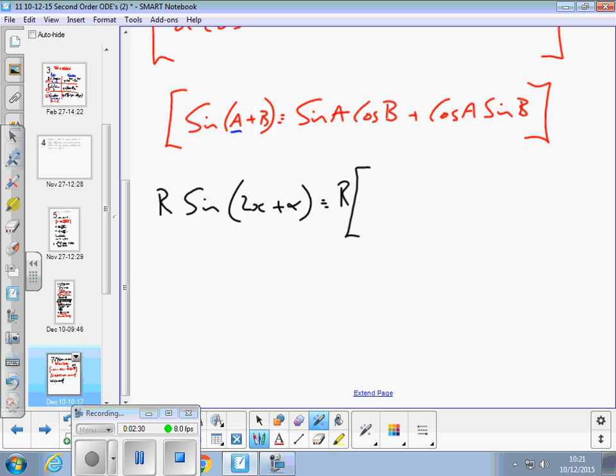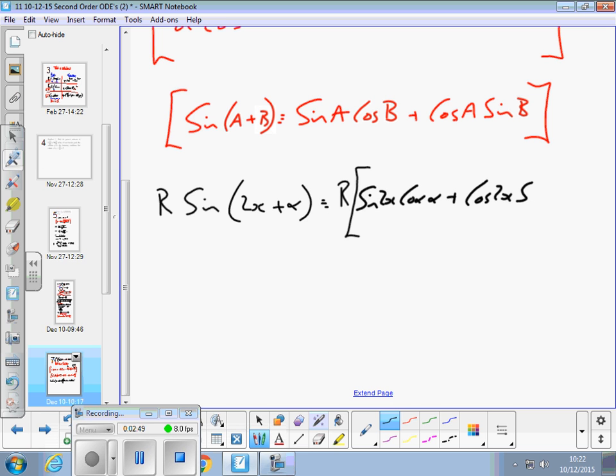So A is going to be our 2x, and B is going to be our alpha, and we're going to rewrite sine 2x plus alpha using this. So we can write sine 2x cos alpha plus cos 2x sine alpha.